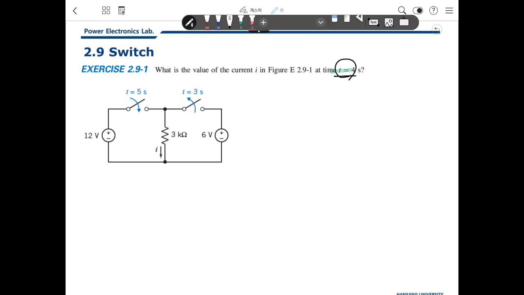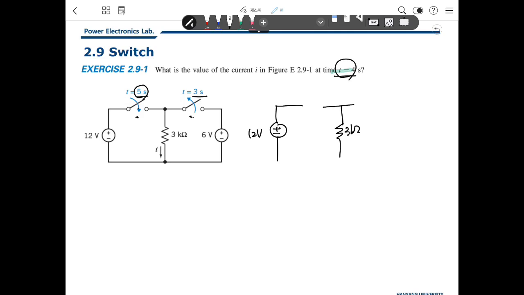When time t is 4, this switch operates after 5 seconds, and this one operates at 3 seconds. Because it is normally open, at time 4 this is open, and this is open. So what happened? Then we draw this here, 12 volts. This is not closed yet because it is defined at 5 seconds.